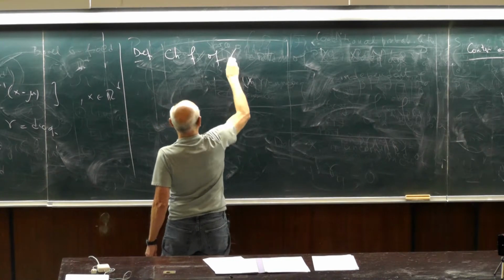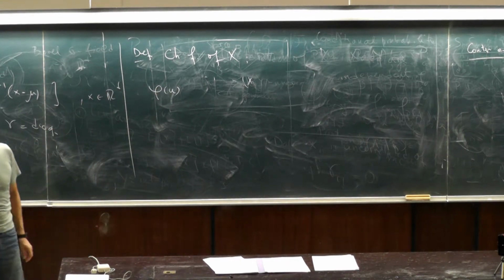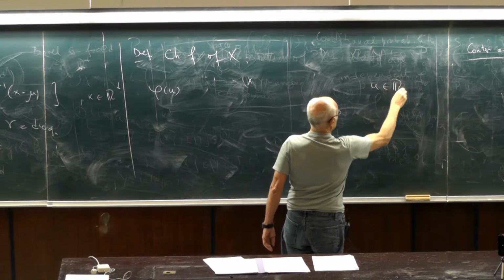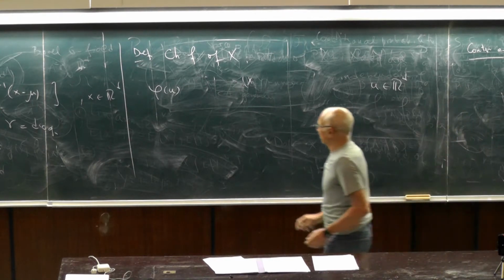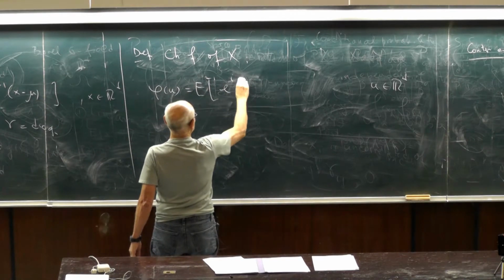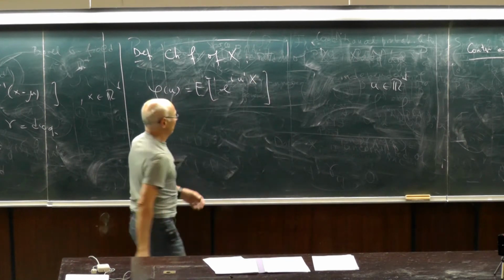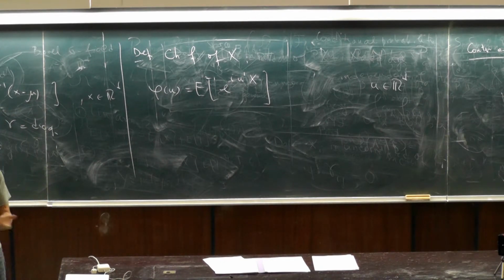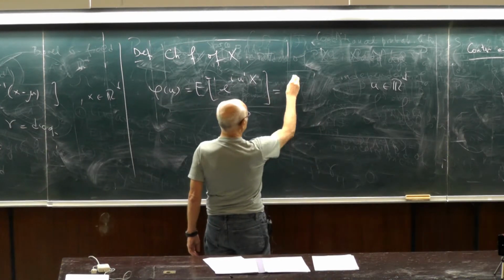The characteristic function of x is usually denoted in this way, where u is an argument again in R^d and it is an expectation. u prime is transpose, right? So that's well defined because u prime times x is a real number, right? So the exponential is well defined. And if you want to write it explicitly, of course, it can be written in this way.